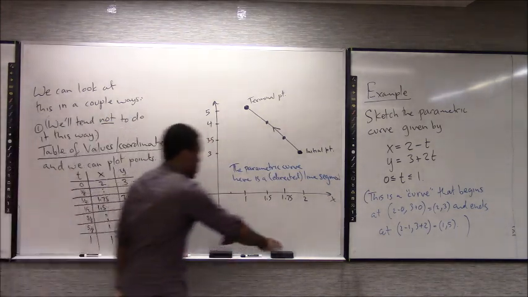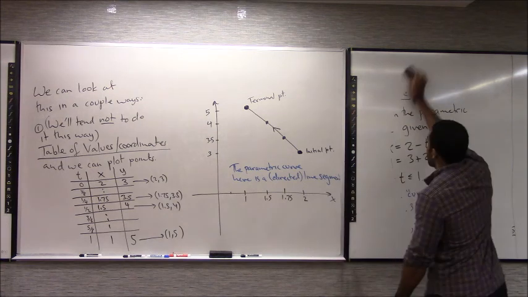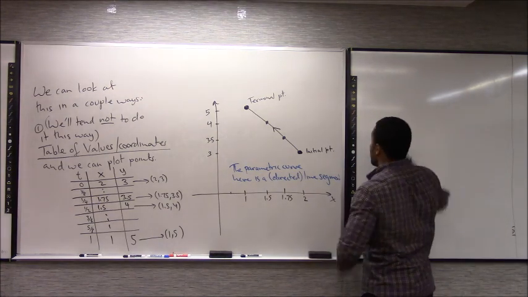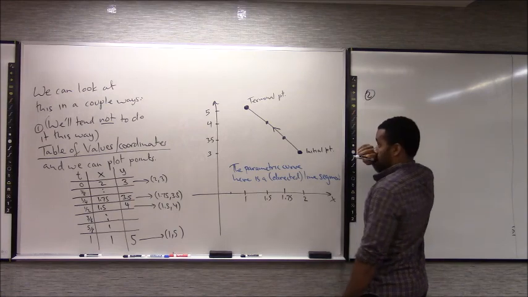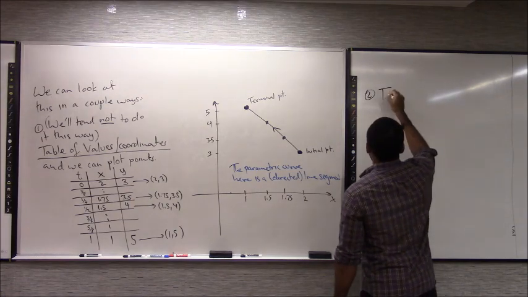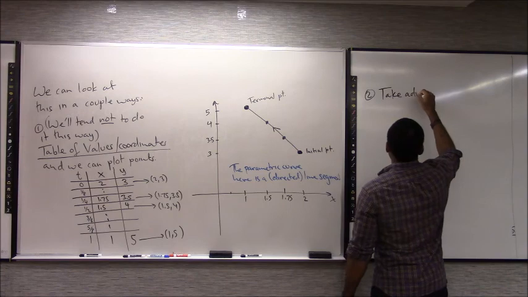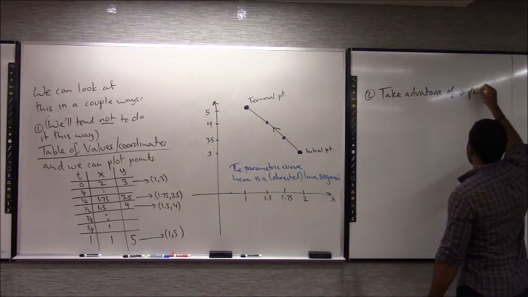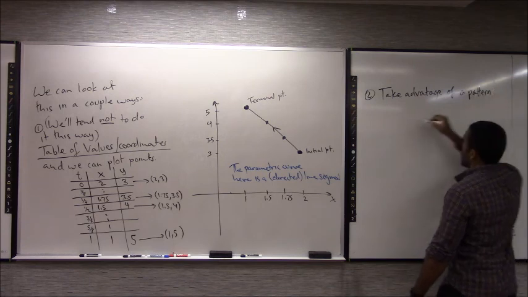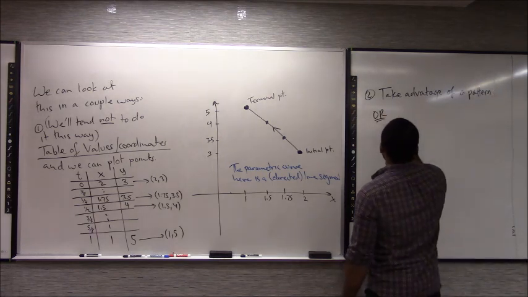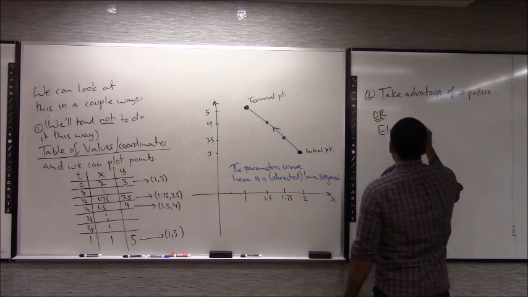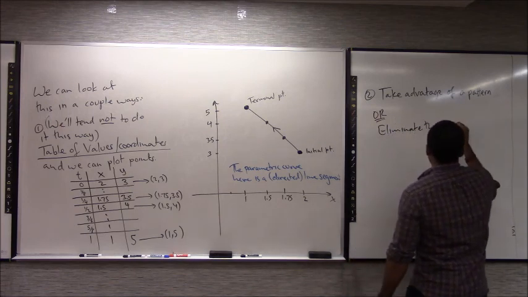Another way you could actually look at this, which is probably the better way, is to take advantage of a pattern, or kind of think of these in the same breath: eliminate the parameter.